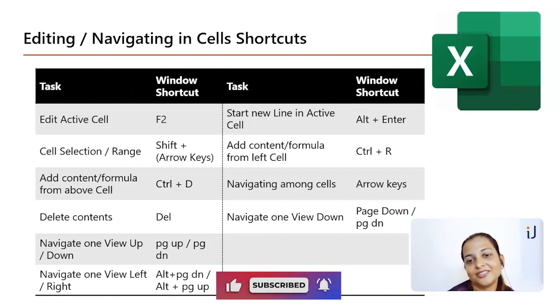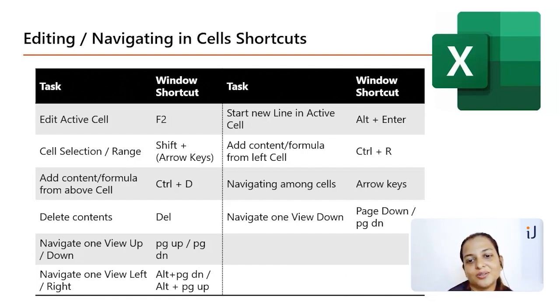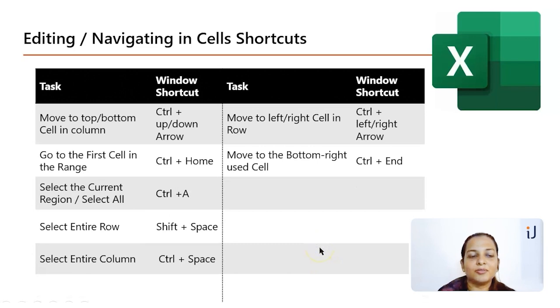Another thing is, if you want to navigate among your cells, you also use Page Down. Apart from that, you also have Alt Page Up and Alt Page Down. Alt Page Up and Alt Page Down basically shift it from left to right. So these are your navigating cells. Apart from that, there are some other different shortcut keys that you find like Control Home, Control A, Shift Space, or Control Space.